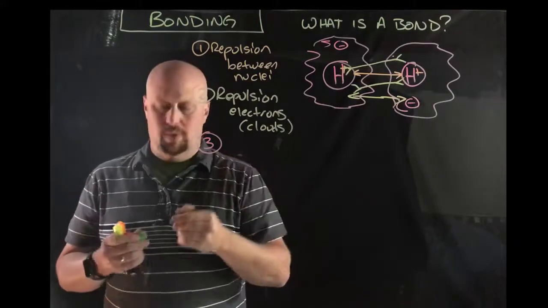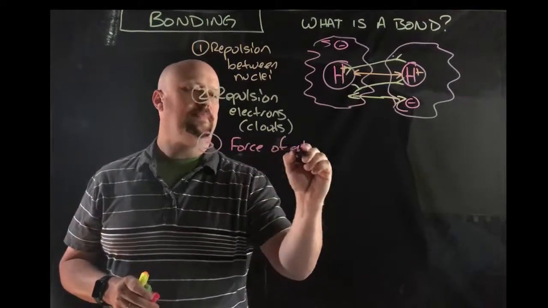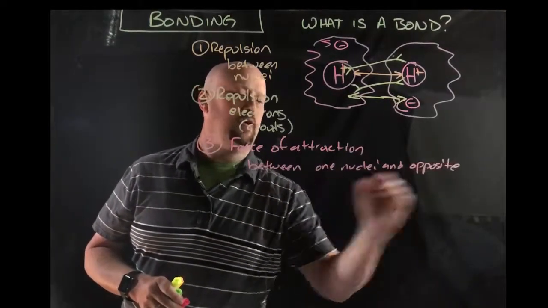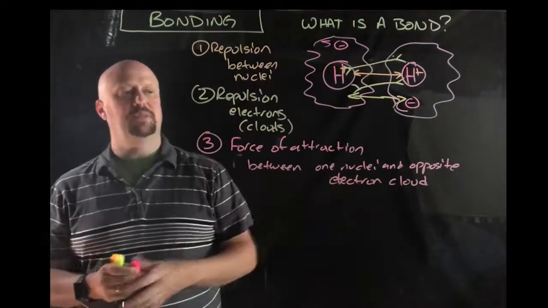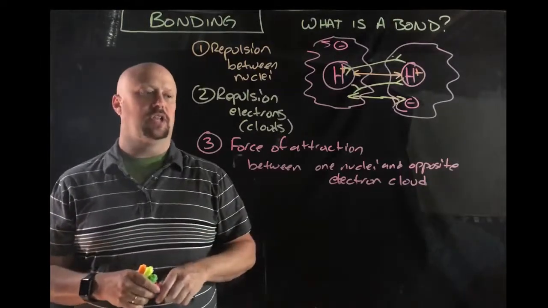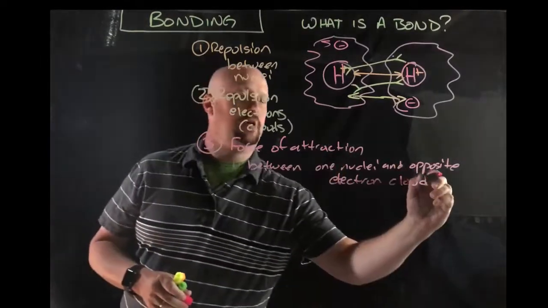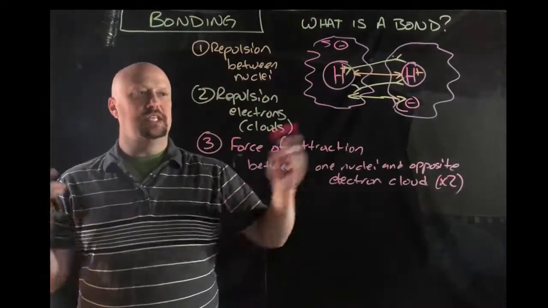So what's the third interaction then? The third interaction is the force of attraction between one nucleus and the opposite electron cloud, and that happens twice, so that's a times-two interaction.